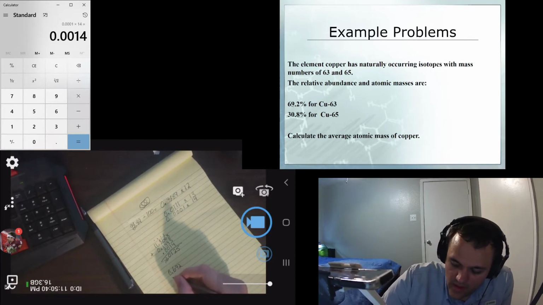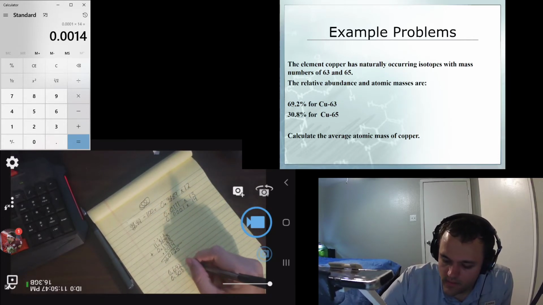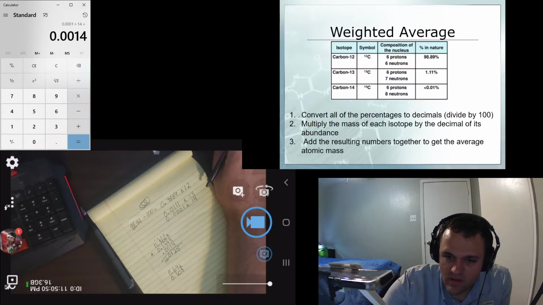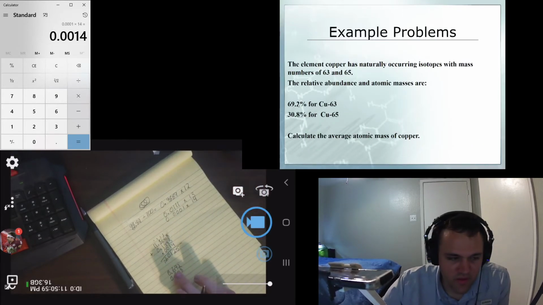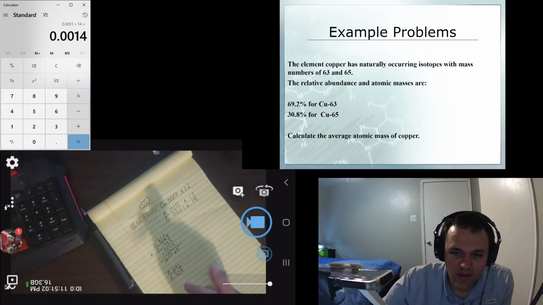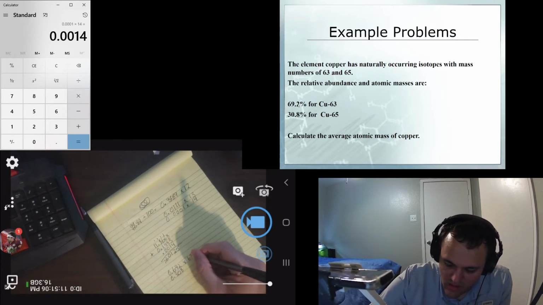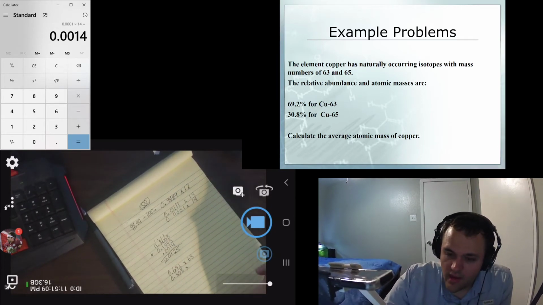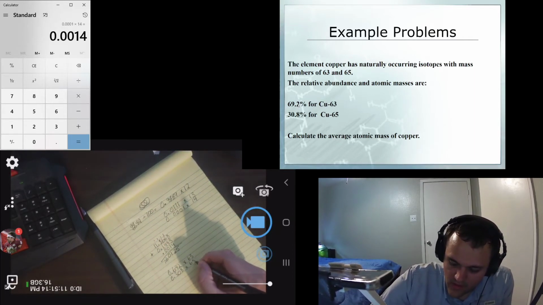And 30.8 becomes 0.308. Step 2 is to multiply each by the mass of the isotope it goes with. So 0.692 times 63, and 0.308 times 65.